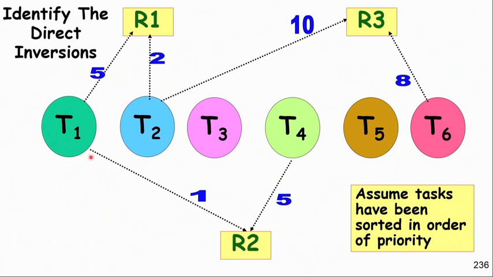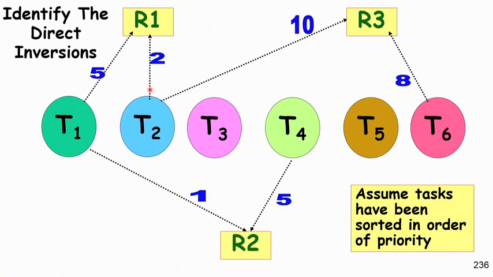Similarly, T1 may in the worst case undergo 5 units of inversion on account of T4. I hope that the direct inversion is clear, that a higher priority task will undergo direct inversion on account of a lower priority task holding the resource.